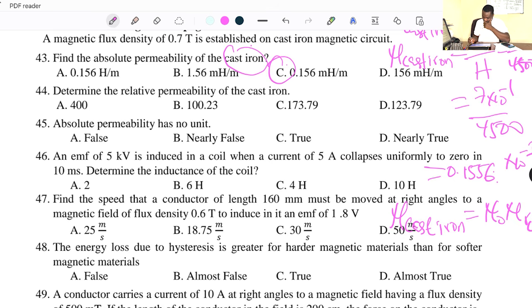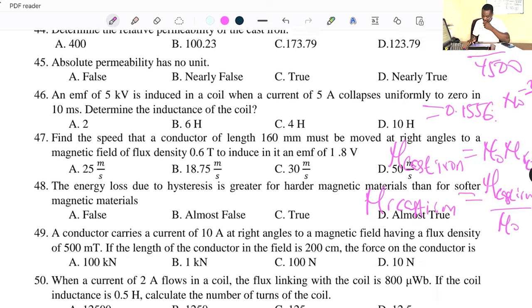So the relative permeability of cast iron is going to be equals to the absolute permeability of cast iron over permeability of free space.